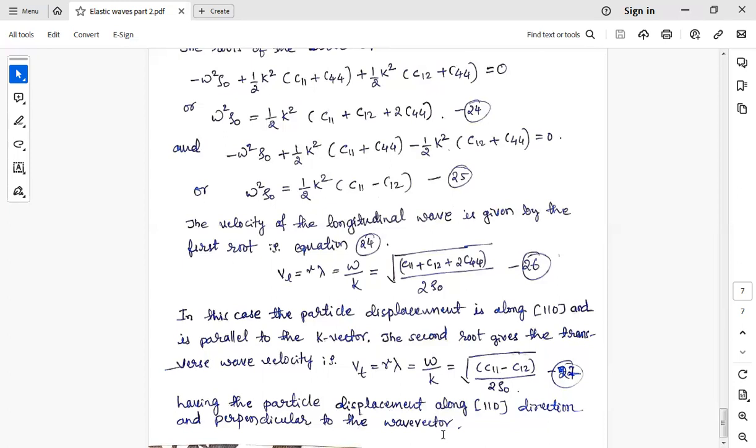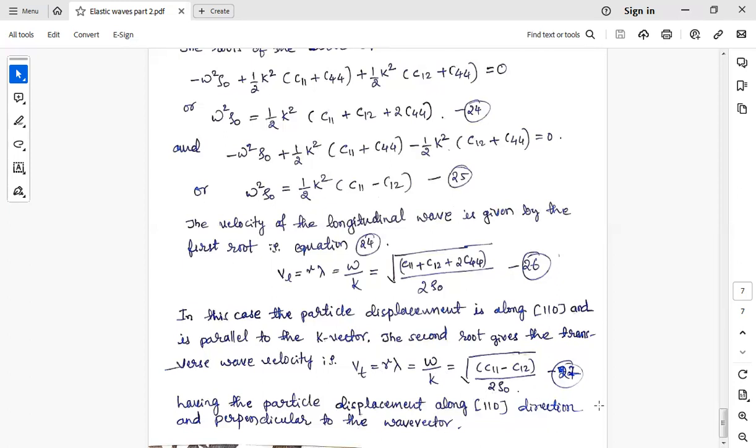So in this way, we got the expression for the velocity of an elastic wave propagating in a cubic crystal in the 110 direction. This is the expression for the velocity of the longitudinal wave in the 110 direction, and this is the expression for the velocity of transverse waves in the 110 direction.